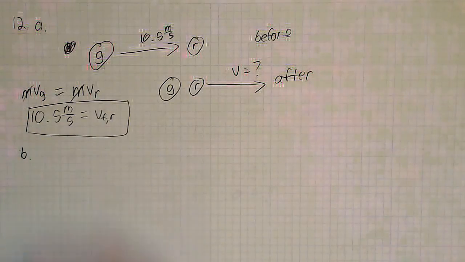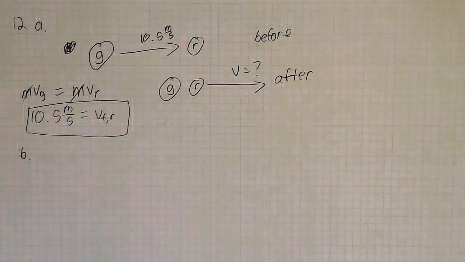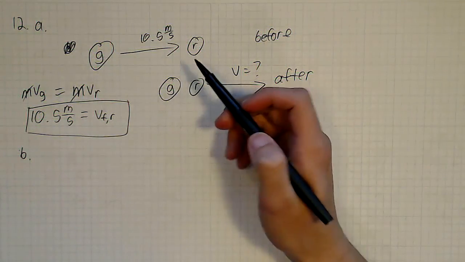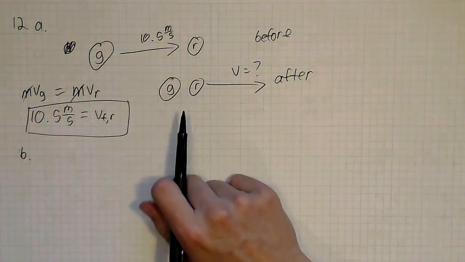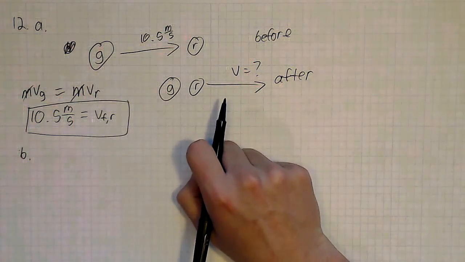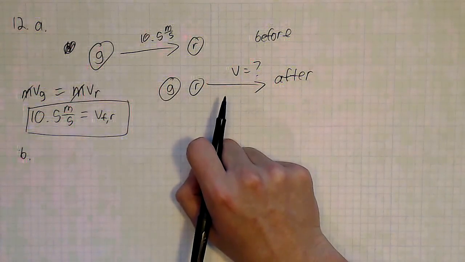Now part B says, what kind of collision is this? By definition, this is an elastic collision because one object stays stationary after the collision and the other object keeps moving, which is kind of the fake way of defining it.